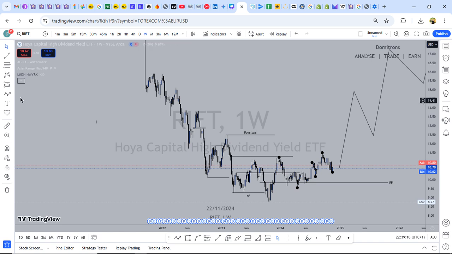You can actually see this swing point for me from this point: high, low, lower high, lower low, lower high, lower low, lower high, lower low, lower high, lower low. We trade back up again.